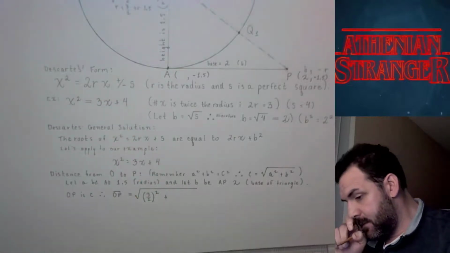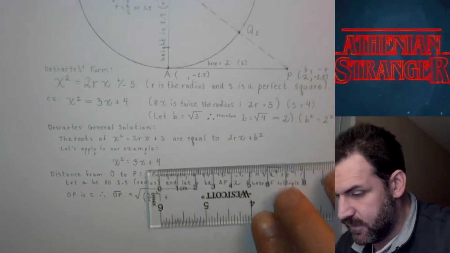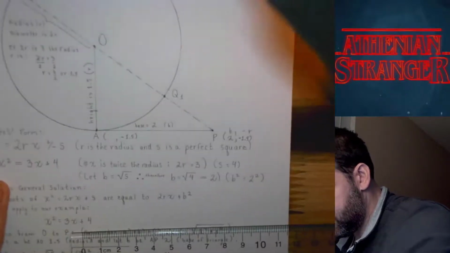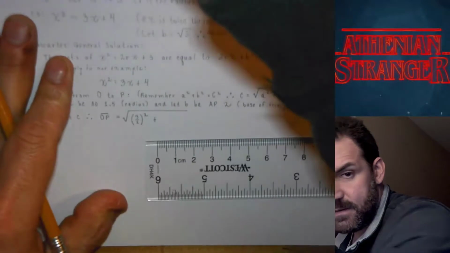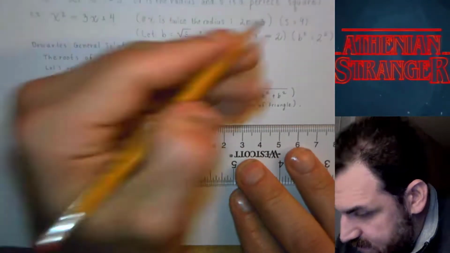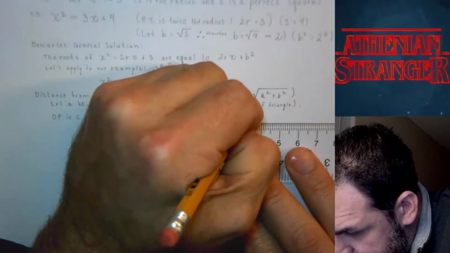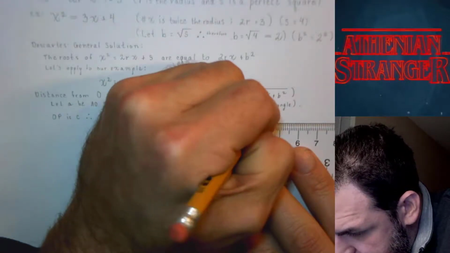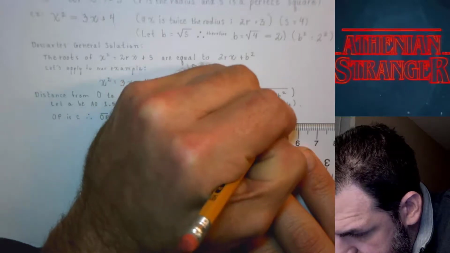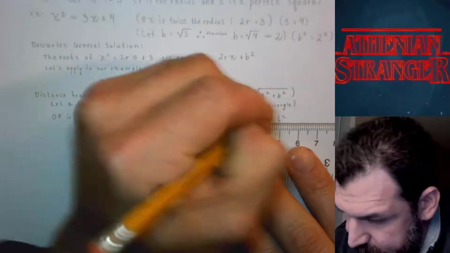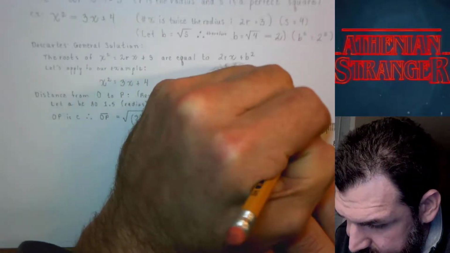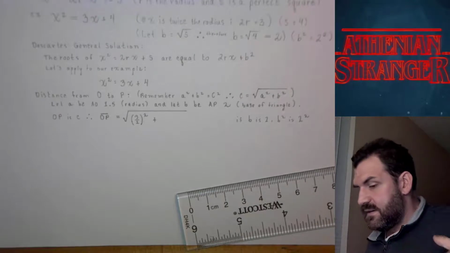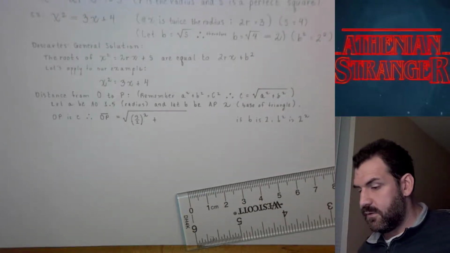But before I write that, I want to ask a question. I guess I'll ask it down here since this is where you're writing. Okay, so just think about this. If b is 2, then b squared is 2 squared. But is there any way I can write 2 as a number with 2 in the denominator?